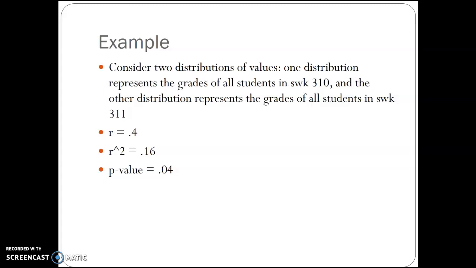Stated differently, to what extent are scores in 311 related to the scores in 310? What percent of the variation in scores in 311 is being explained by the variation in scores in 310? Well, the r squared of 0.16 is saying 16% of all the variation in scores in 311 is explained by the variation in scores in 310.